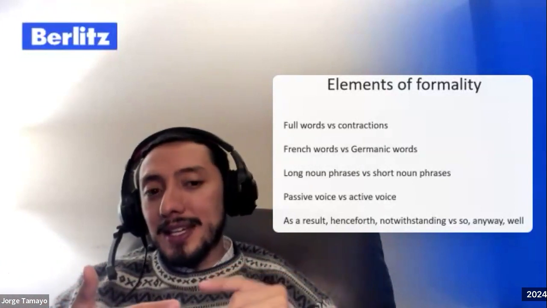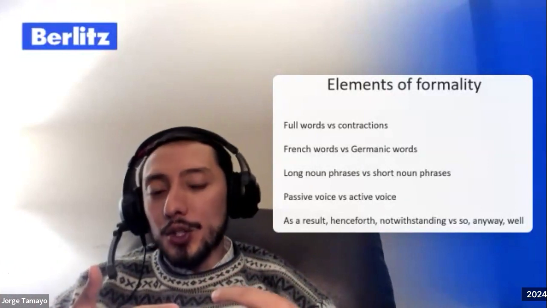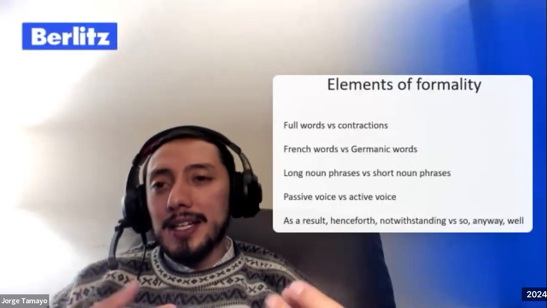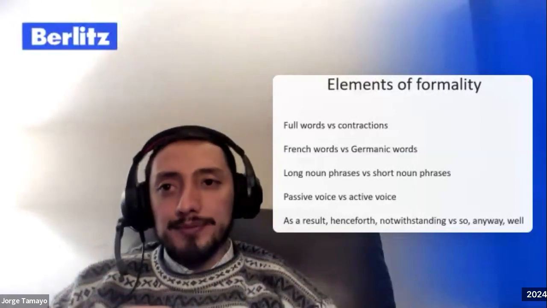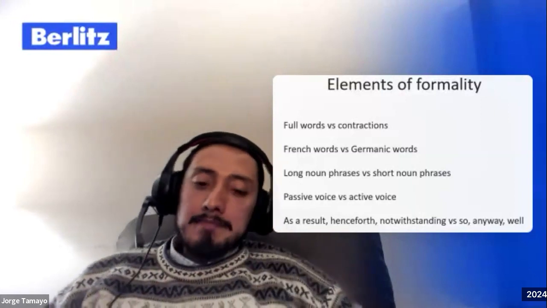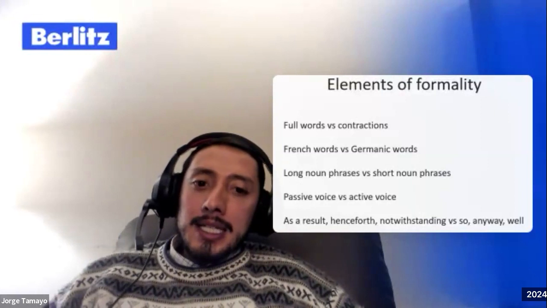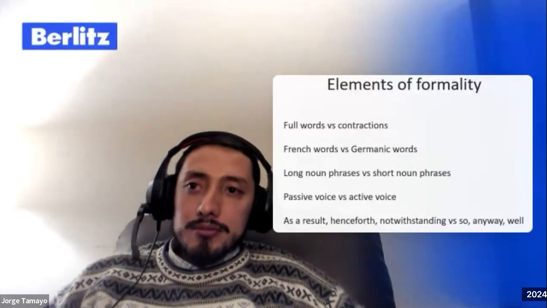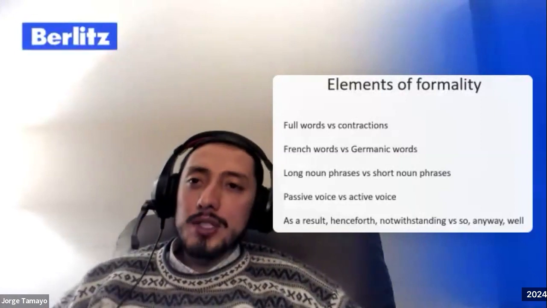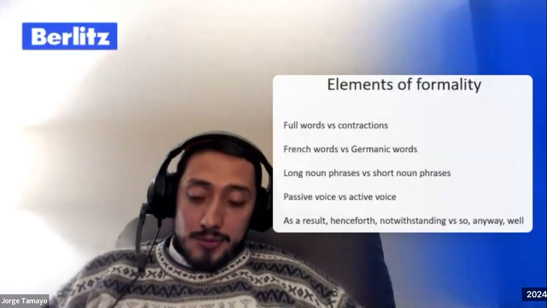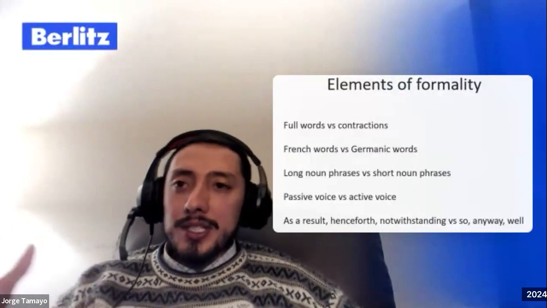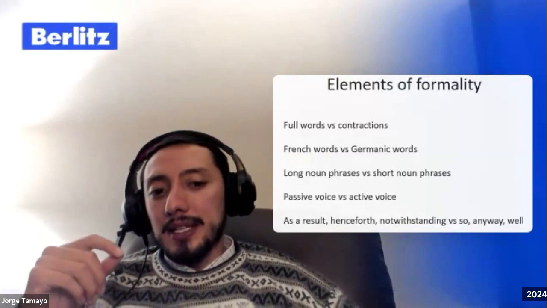Now, a second aspect to make your presentation more formal is the use of words. What words are you going to choose? So remember that English has different roots. It has very strong French roots, Latin, French roots, and it has Germanic roots, right? So there's a historical reason behind this.